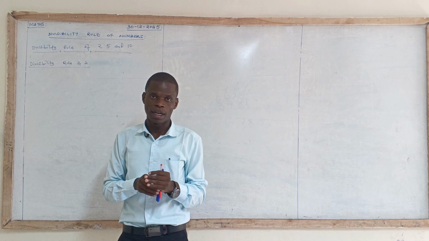So from here we can have something further. Let us write further and say, i.e., if the last digit is 0, 2, 4, 6, or 8.